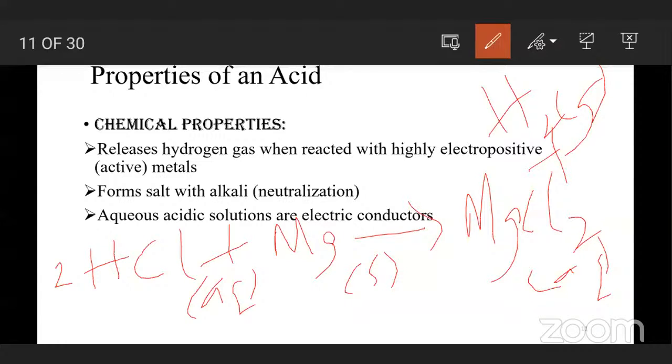An acid also should be able to form salt with a base or maybe an alkali. I've already said that an alkali is a soluble base. So if the base is soluble in water, you can refer to it as an alkali.